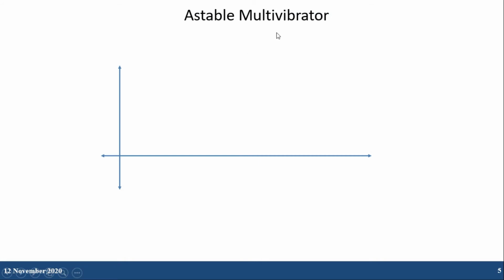So what is astable? As I already told you, in astable multivibrator, output will not remain stable in any of the two states. Okay, and if you see the output of a multivibrator, it continuously changes between two states.